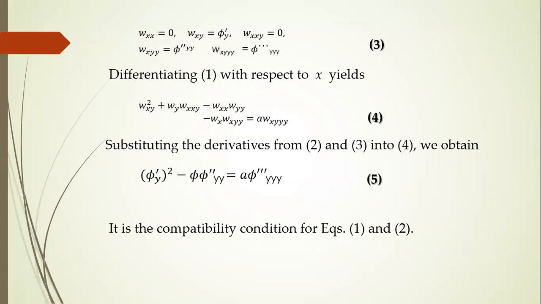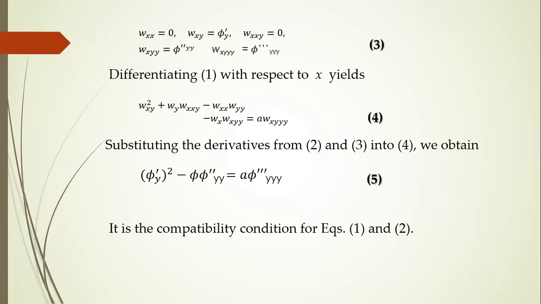Differentiating equation 1 with respect to x yields wxy² + wx wxxy − wxx wyy − wx wxyy = a wxyy. Equation 4.